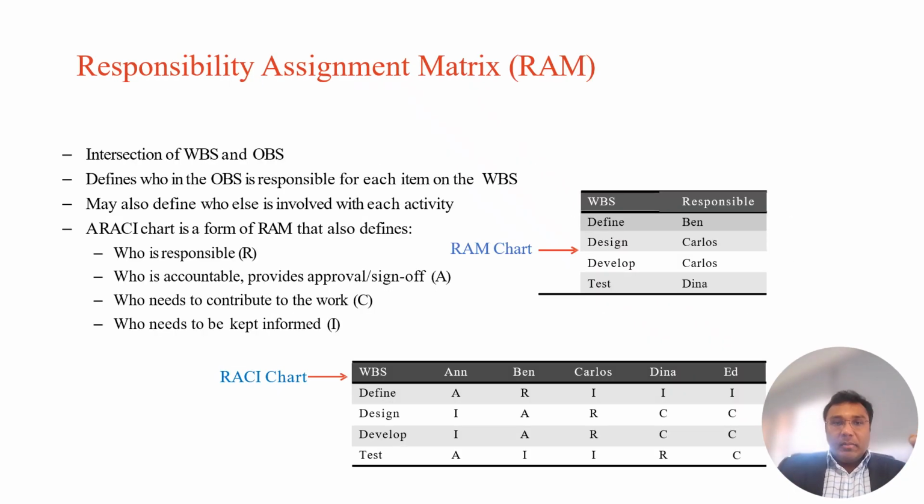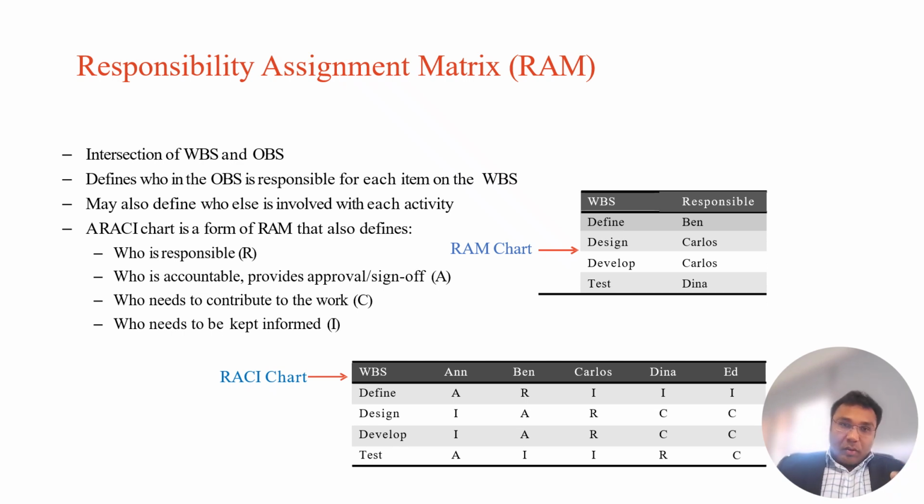And finally, your RAM, which is your responsibility assignment matrix, it links people to work packages. It's a grid that matches tasks with team roles. The most popular version of RAM is your RACI chart. So RACI is basically your R stands for responsible, which is who does the work.